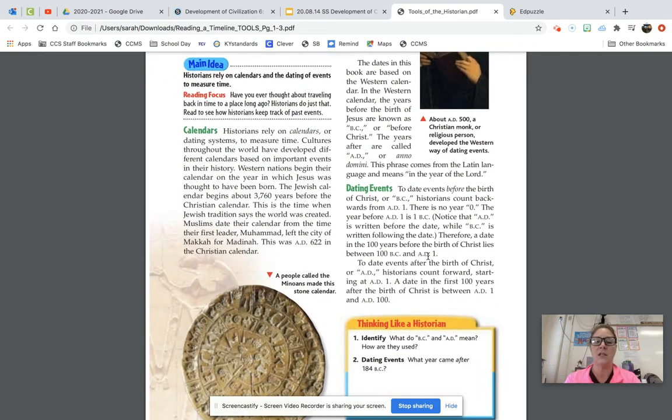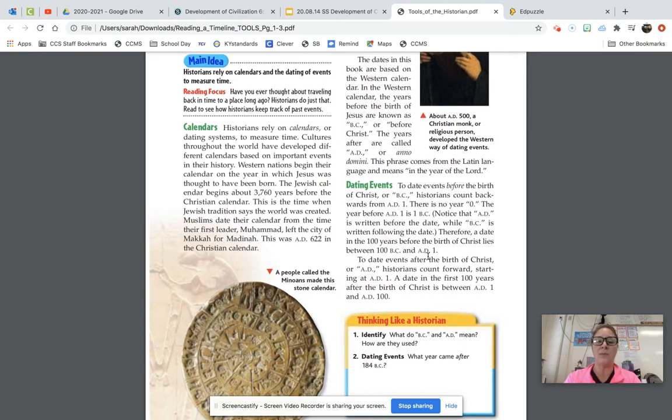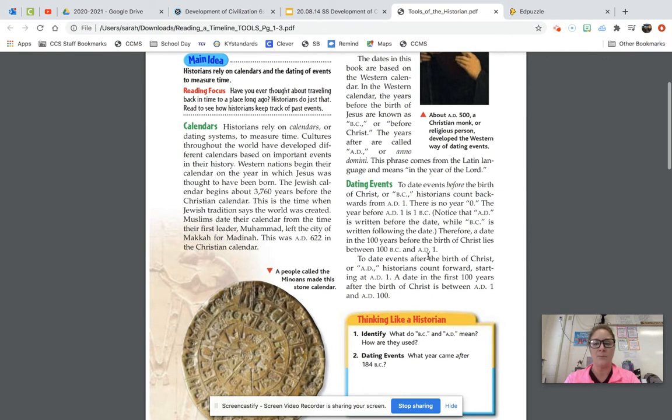Dating events. To date events before the birth of Christ, or BC, historians count backwards from AD 1. There is no year 0. The year before AD 1 is 1 BC. Notice that AD is written before the date, while BC is written following the date.